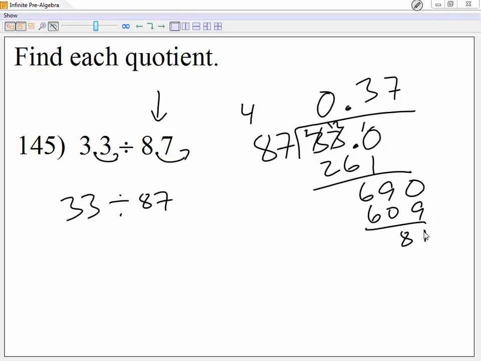To continue, always add a 0. 87 into 810, let me try 9 times. 9 times 7 is 63, so carry a 6. 9 times 8 is 72, plus 6 is 78. When I subtract this, I get 27. And I can continue. Each time I add a 0 to continue.